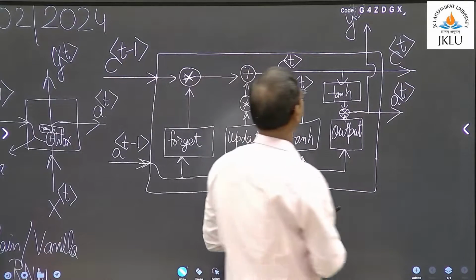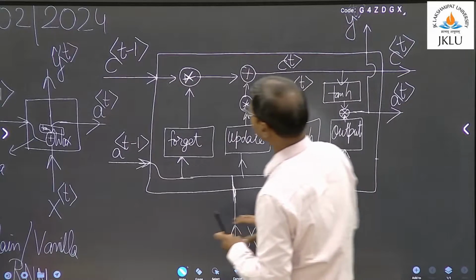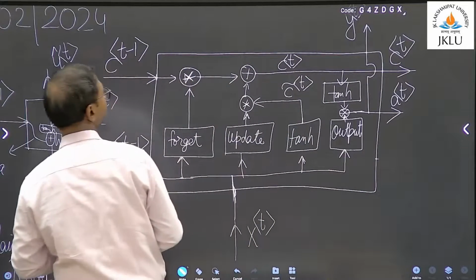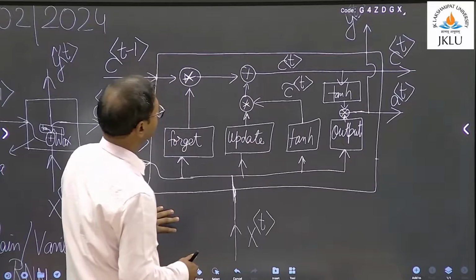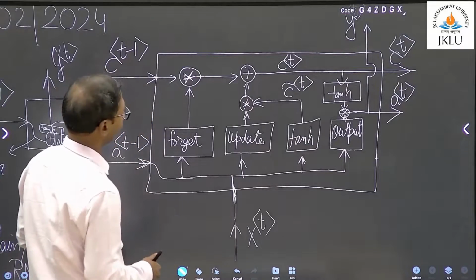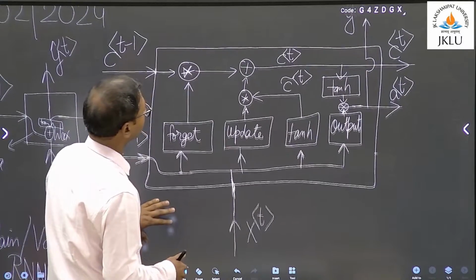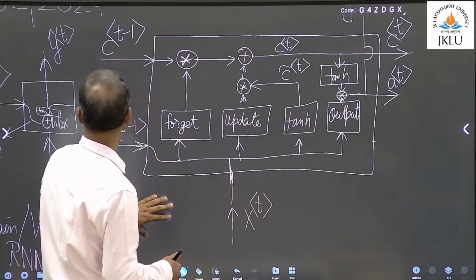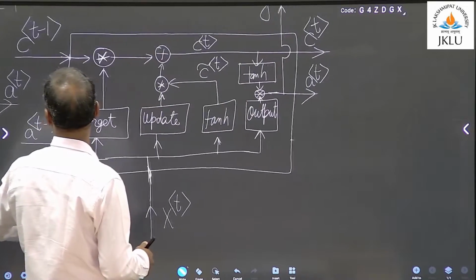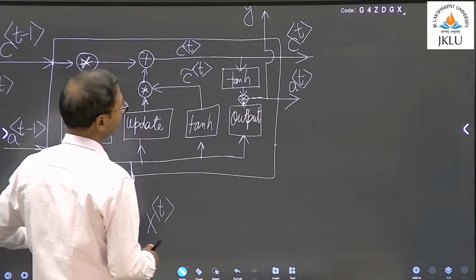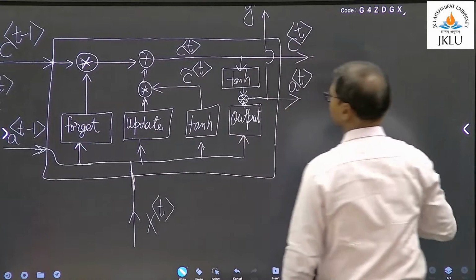How do we write equations for it now? So let me just try to. How do we write equations for it? Maybe what I'll do is this one and we'll try to write them down here.